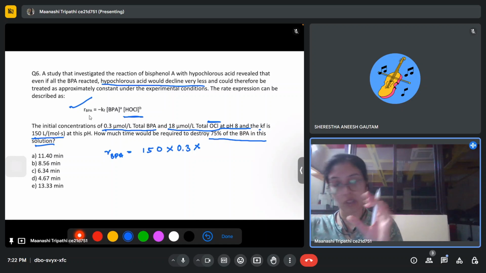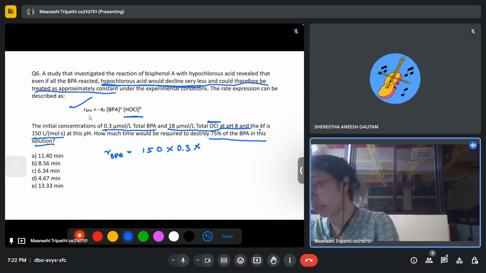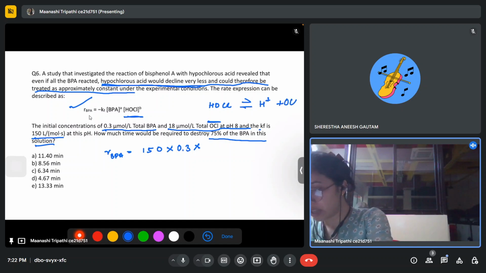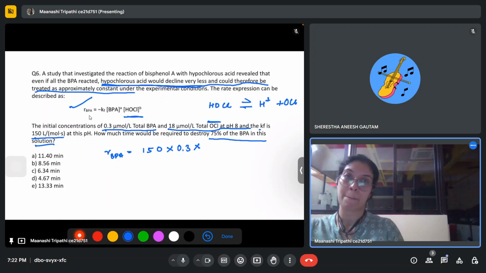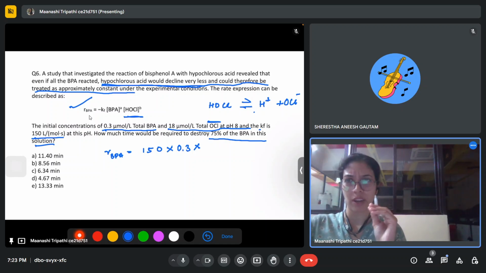The answer for this question is hidden here. Hypochlorous acid would decline very less and could therefore be treated as approximately constant. How? HOCl, by this reaction, gives H plus and OCl negative. By using this reaction we can write for HOCl. So please take a pause and try to solve this question.